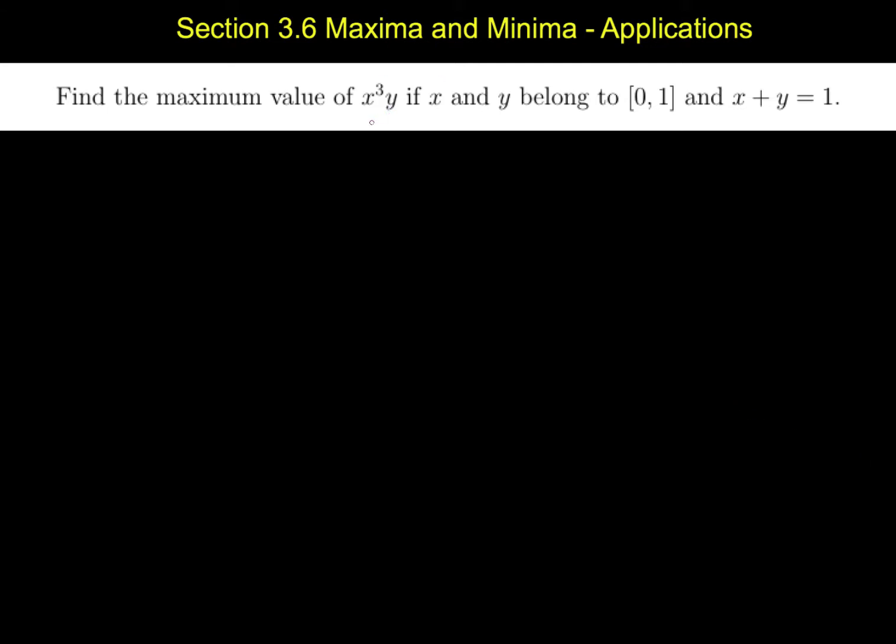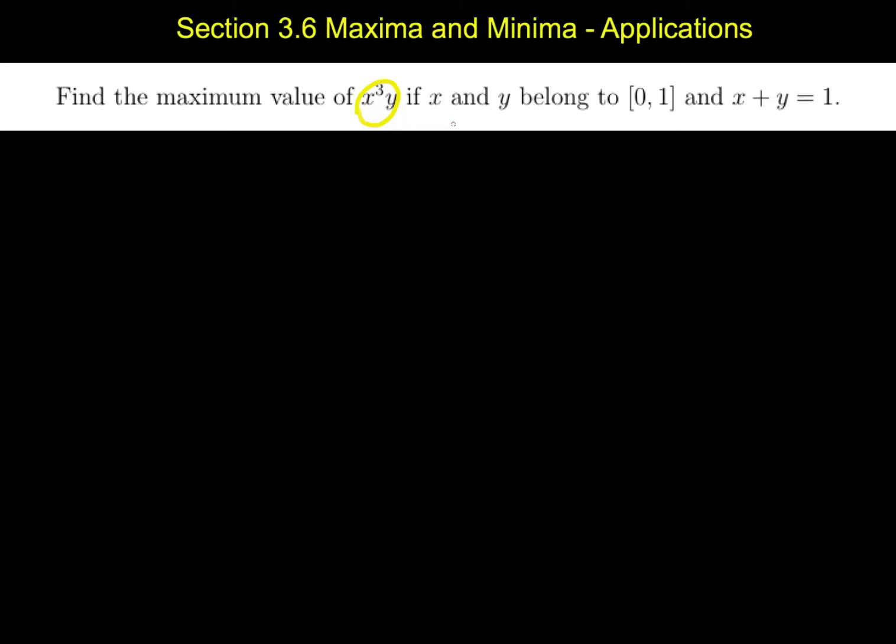So we're trying to make this function as big as possible. But if you notice, this is a function of two variables. And since this is a single variable calculus class, we don't have the ability to take derivatives of multivariable functions. That awaits you in Calculus 3.